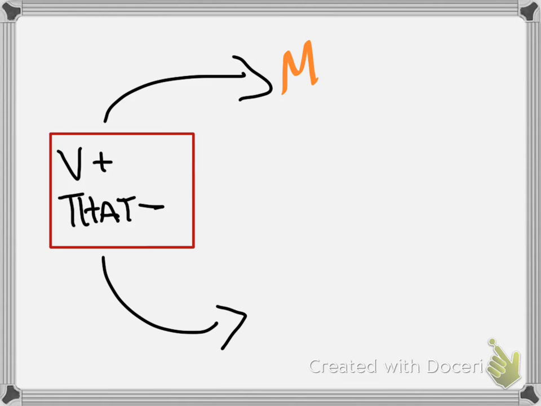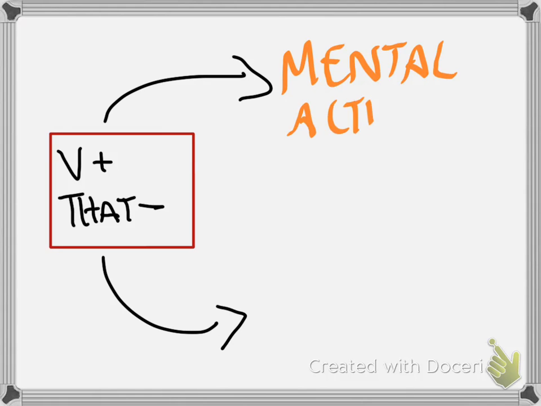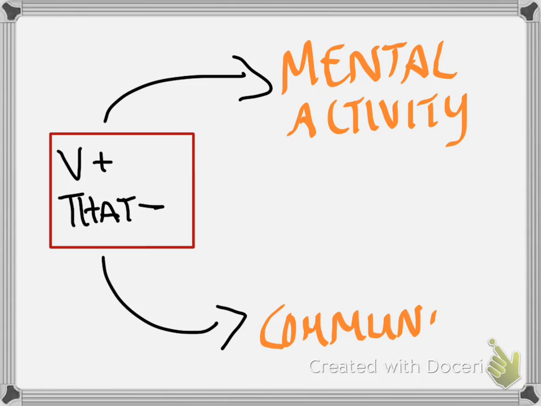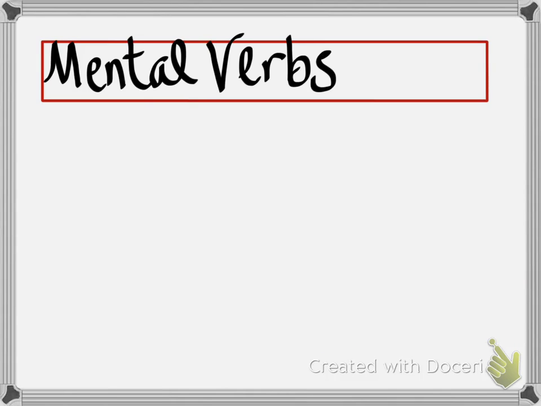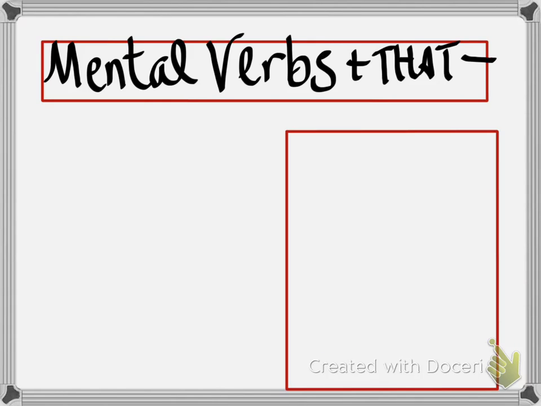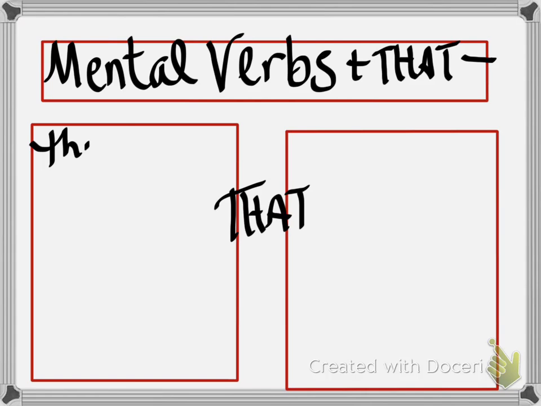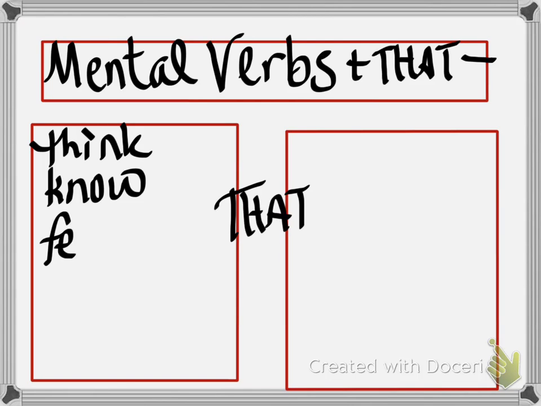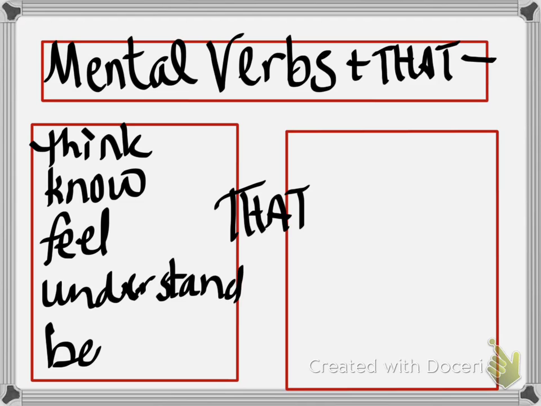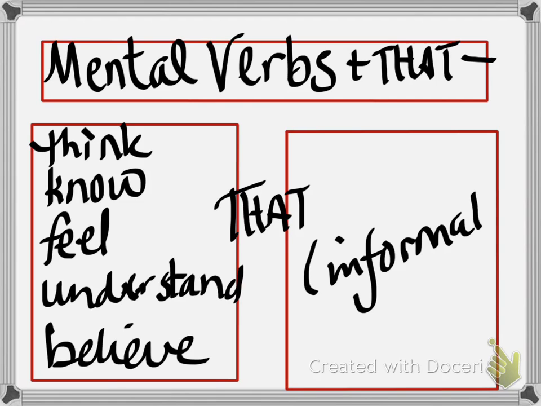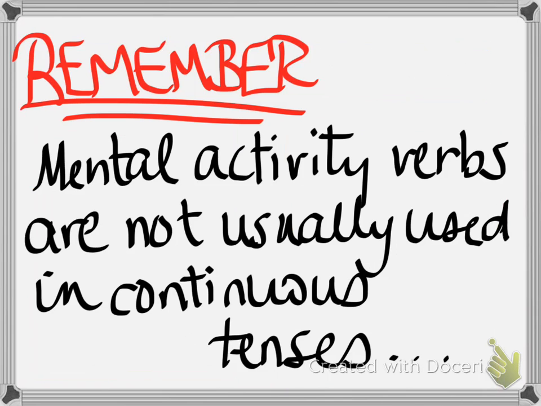And there are 2 specific situations where we use this structure in English: verbs of mental activity and verbs of communication. And when I talk about verbs of mental activity, I'm thinking of things like think, know, feel, understand, and believe, where you're talking about what you think or what you know about a particular situation.